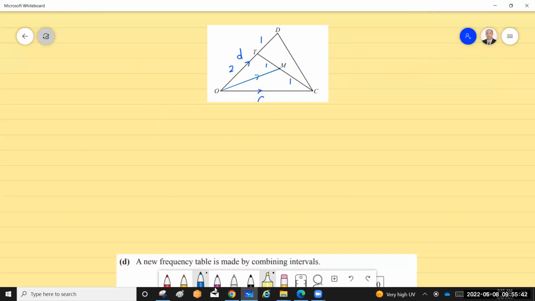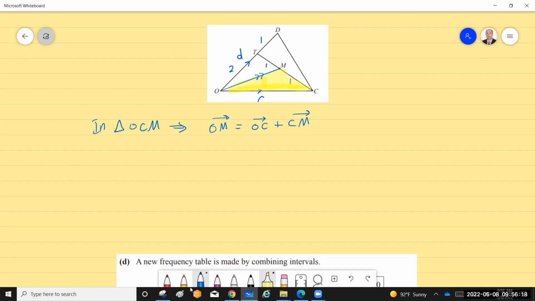This vector OM. As you see, the vector OM now is equal to what? Consider this triangle to understand. You can use this triangle OCM, or the upper triangle OMT. In the triangle OCM, the vector OM from the addition rule is OC plus CM.